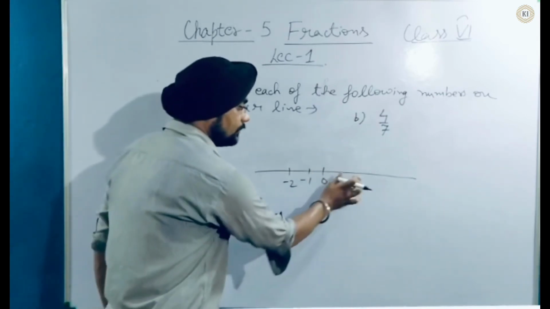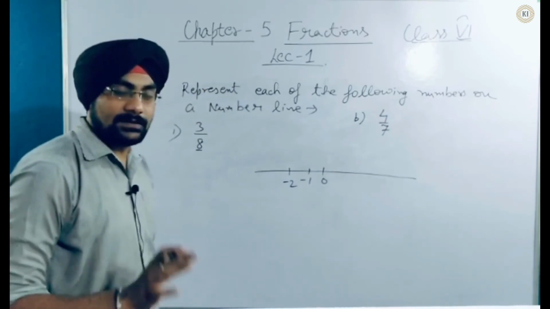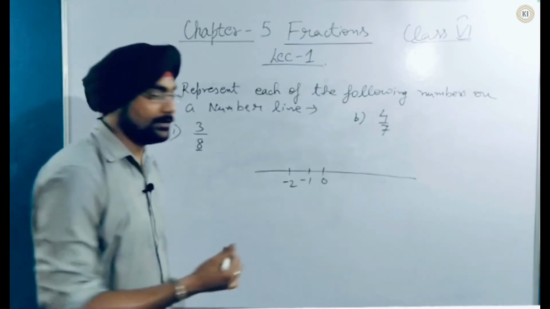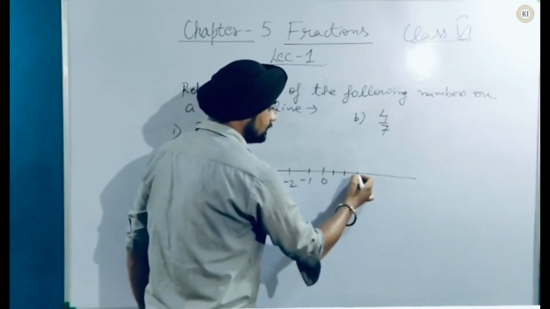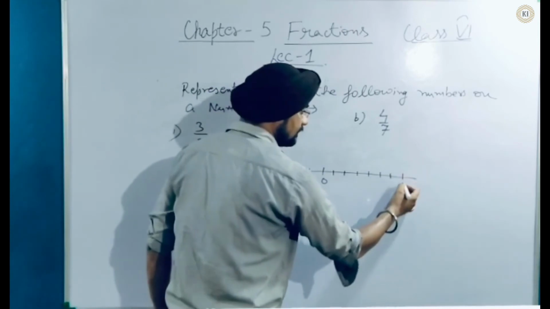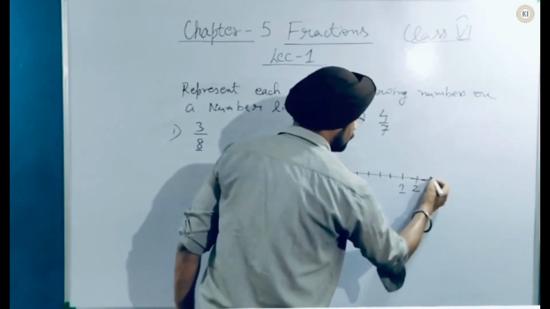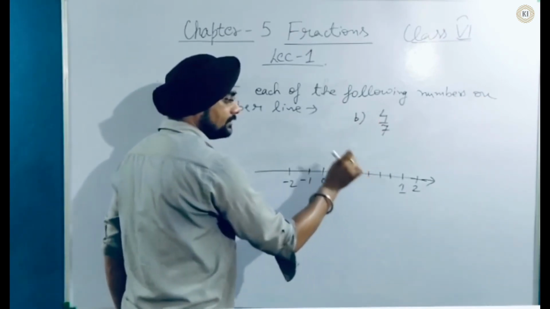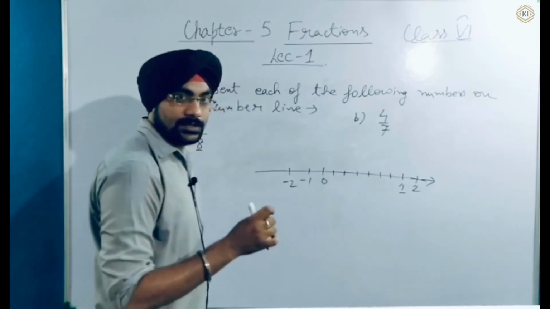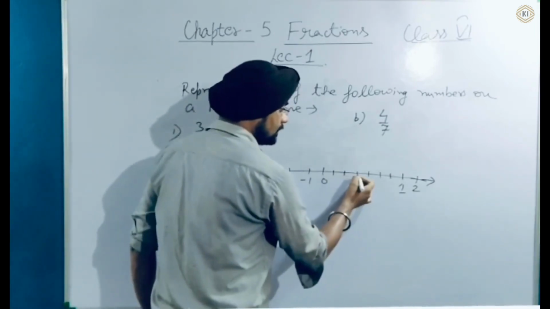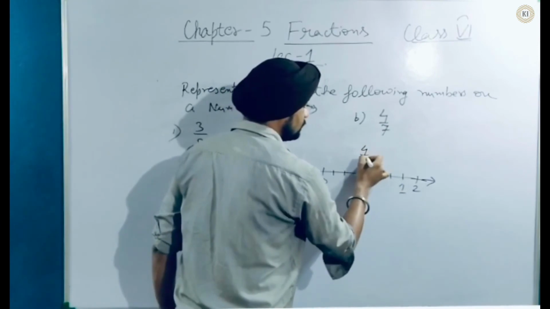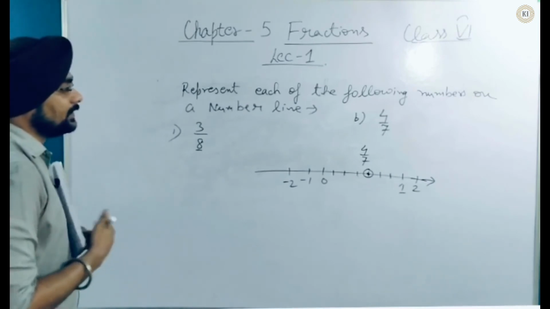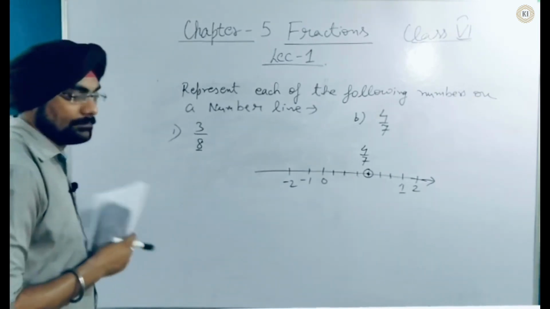So between 0 and 1 we divide into 7 equal parts because our denominator is 7. We divide according to the denominator. Now 1, 2, 3, 4, 5, 6, 7th part will be 1. Show 2 here also. Now see, the numerator is 4: 1, 2, 3, 4. We denote the value with the help of the numerator. So this part represents your 4 upon 7. So in this way we represent numbers on a number line.